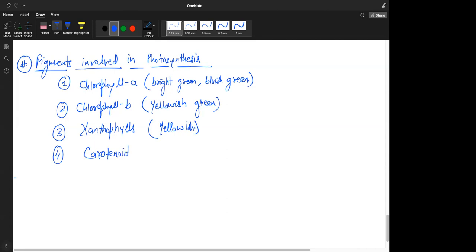What is the first thing that comes to your head when you hear the word carotenoids? Carrots. You know why? Because carrots contain carotenoids. They are yellowish orange. They absorb energy from the yellowish orange spectrum.